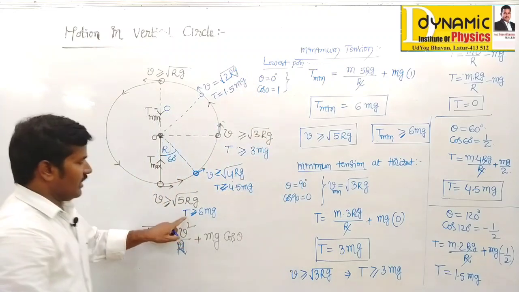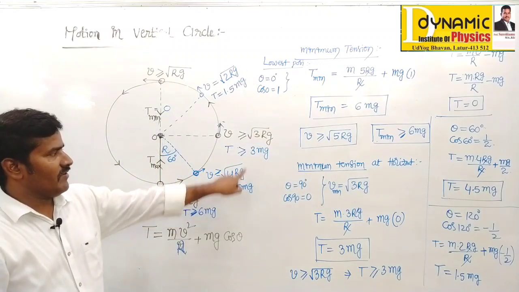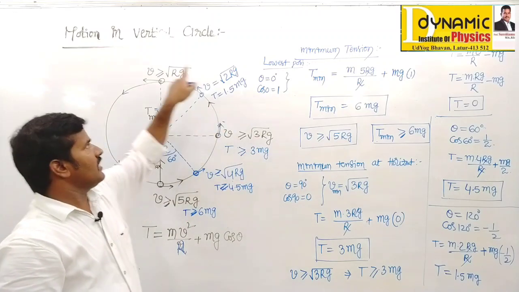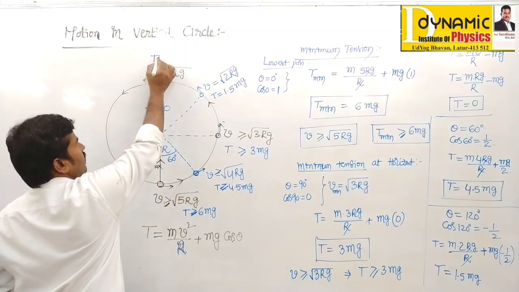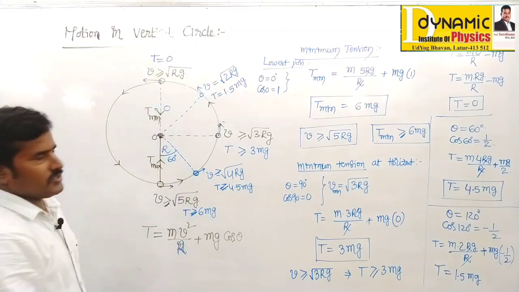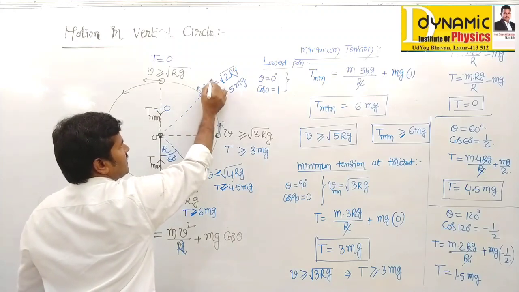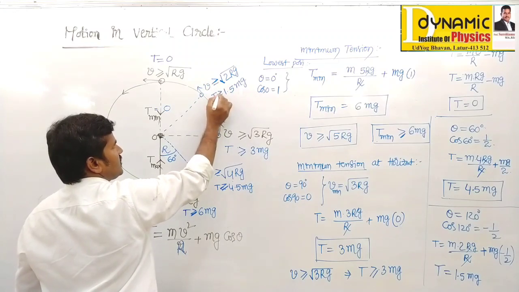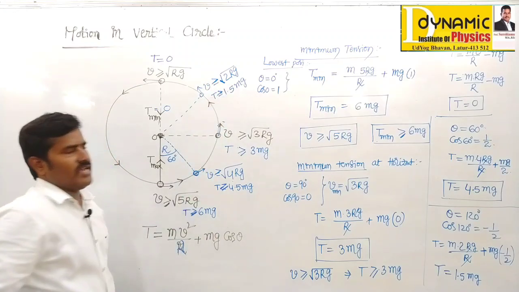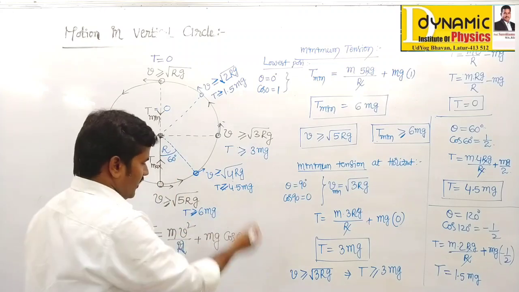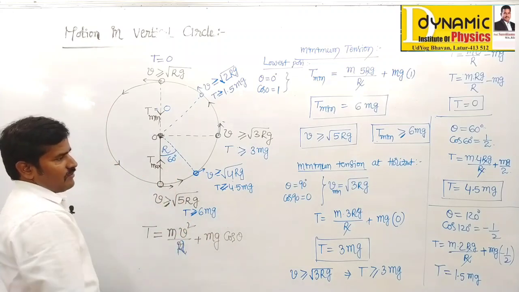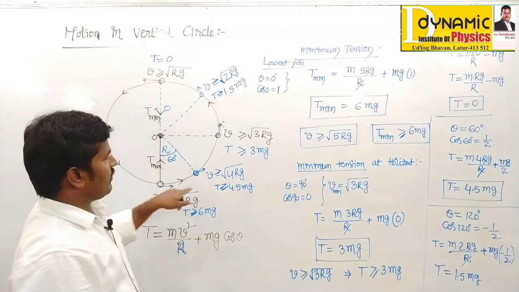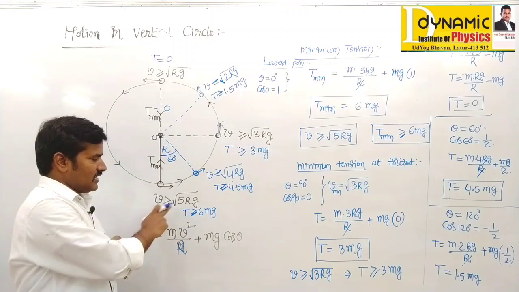Just observe: here 6 mg, here 4.5 mg, here 3 mg, here 1.5 mg, and here the tension becomes 0 at the topmost position. Suppose the velocity is more than root 2 rg, then the tension is more than 1.5 mg. These are the tensions and velocities at different positions in a vertical circle, the loop the loop.